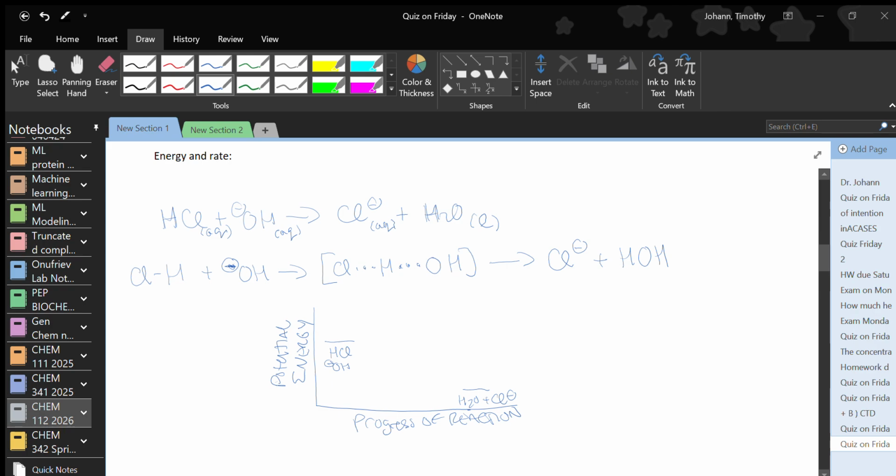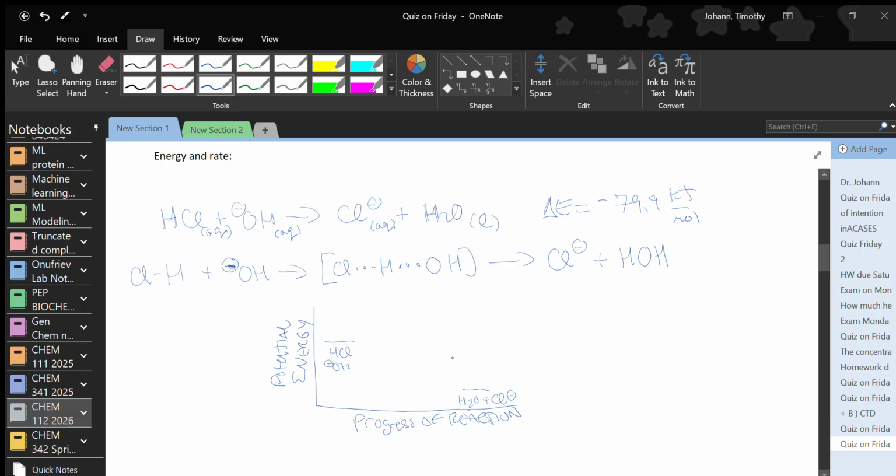And in fact, the change in energy for this reaction is negative 79.9 kilojoules per mole, which is a lot. So it's a fairly spontaneous reaction. It's giving up potential energy. That's what makes things spontaneous.